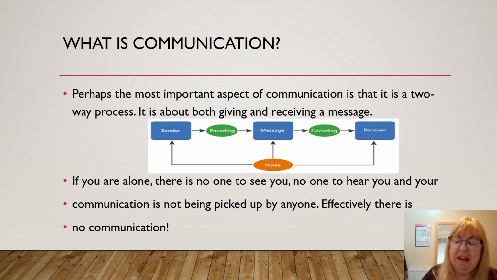And here's the sort of classic process of the message. Somebody sends a message, your brain encodes it in a way that the person, hopefully, that you're speaking to will understand. So you don't use language, if you're talking to someone, that they don't understand, or you make sure you do.